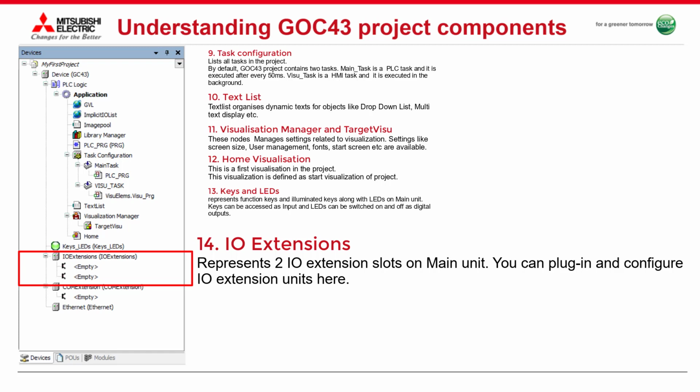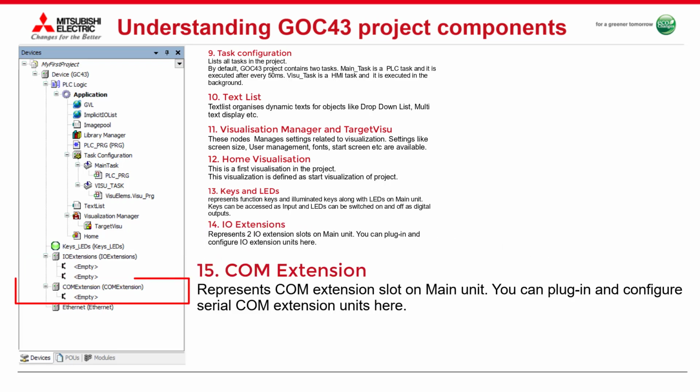You can plug in and configure I/O extension units here. COM extensions represents COM extension slot on main unit. You can plug in and configure serial COM extension units here. You can append and configure communication protocols like Modbus RTU slave or master.